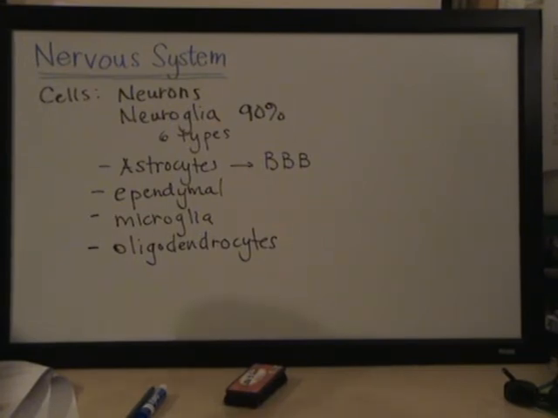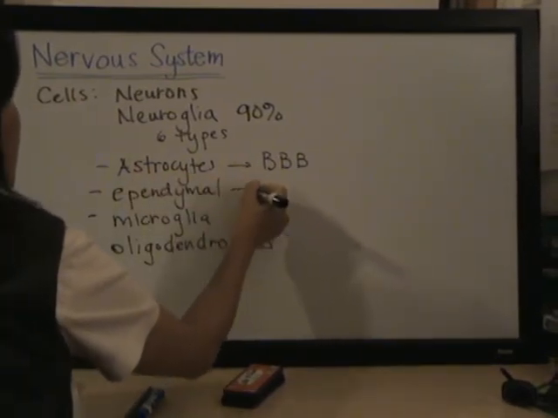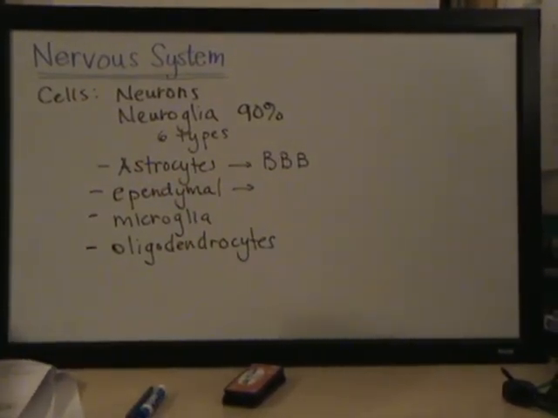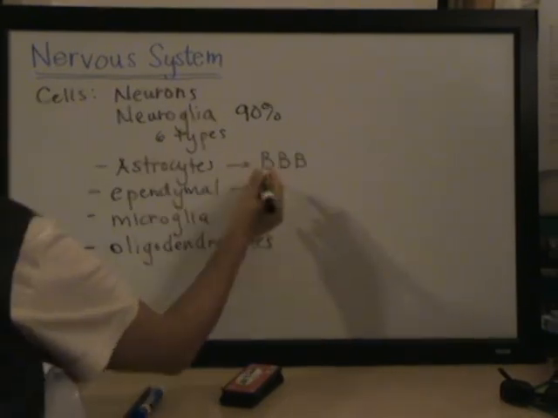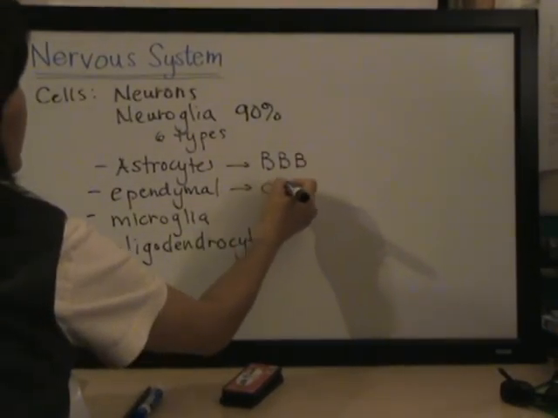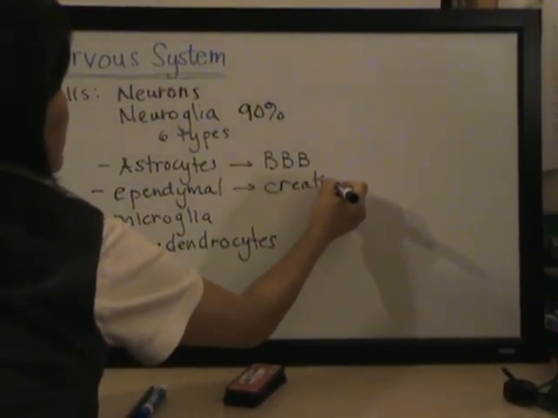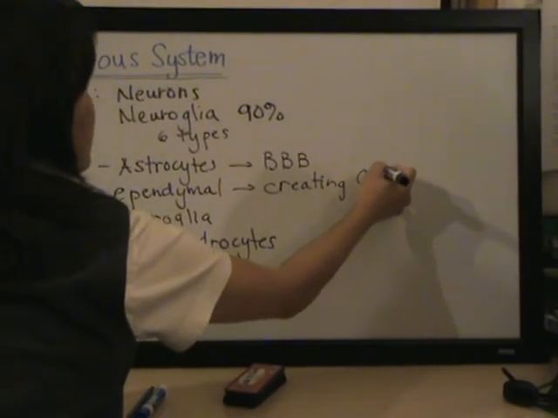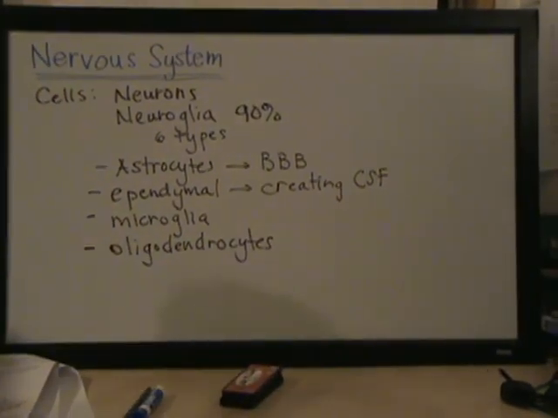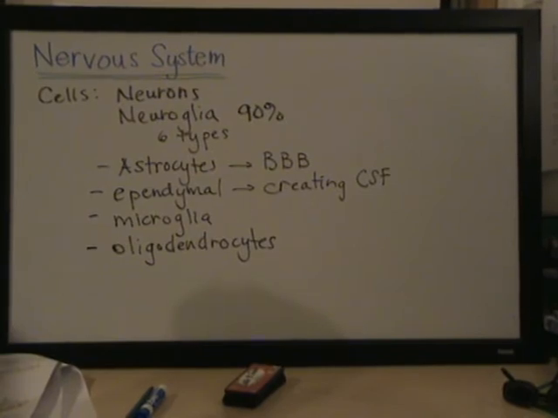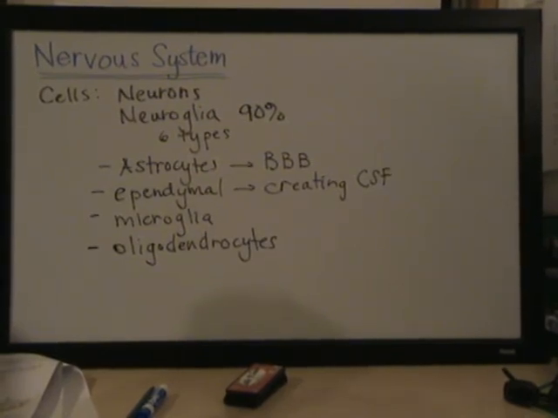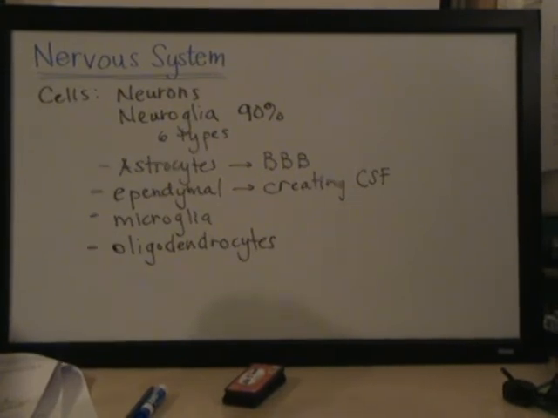The ependymal cells are found within the brain and are important in creating the cerebrospinal fluid, the CSF. This, along with structures called choroid plexuses, or a choroid plexus, which is a network of capillaries.